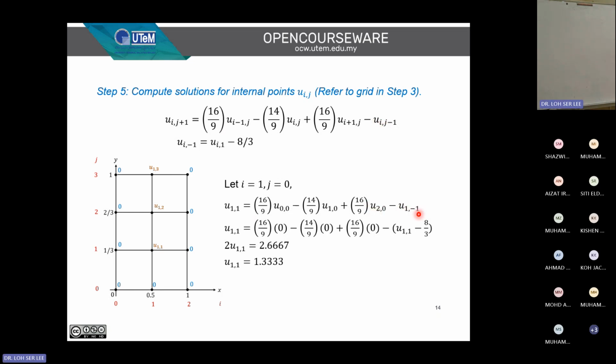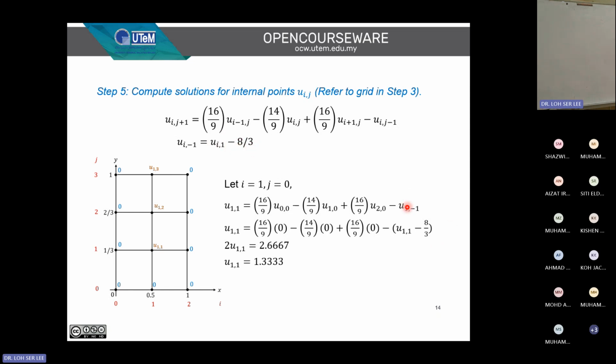So to get u_{1,-1}, we have to make use of the second formula. You compare this one to this, this means i is 1. So you just substitute i equals 1 into this. This means it is equal to u_{1,1} minus 8/3.